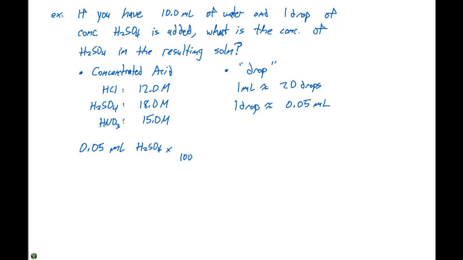We know that there are 1,000 milliliters in 1 liter, and the concentration of our H2SO4 is 18.0 moles of H2SO4 per liter. So the milliliters cancel out, the liters cancel out, and this gives us 0.0009 moles of H2SO4.